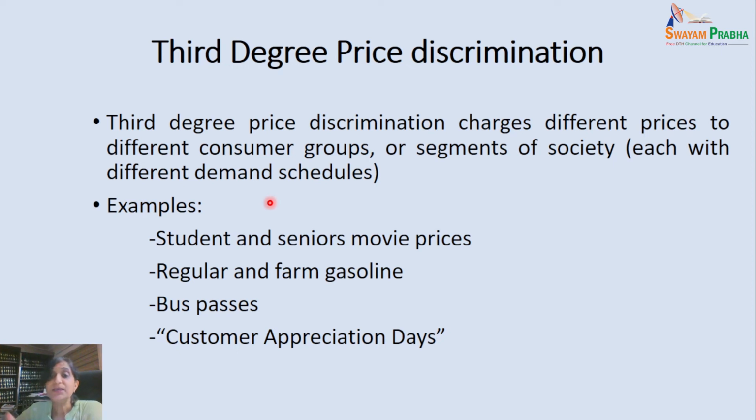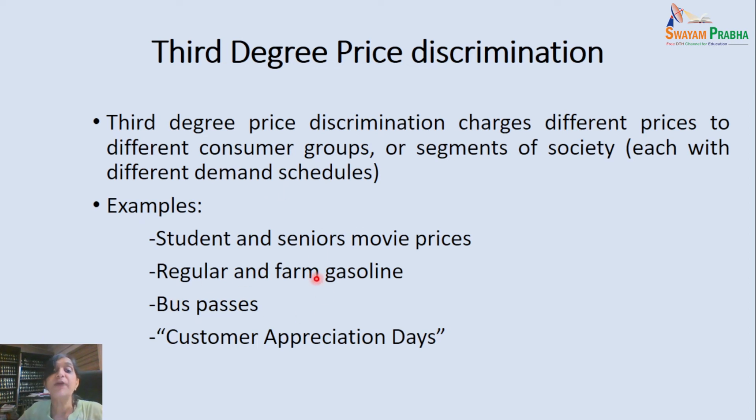This is because the elasticity of demand is different between an average working age group person, who has a greater capacity to pay, and senior citizens and students, who are not in the working age group. So they have divided the market based on whether you are in a working age group or not.